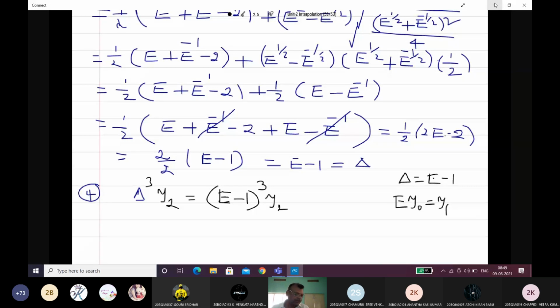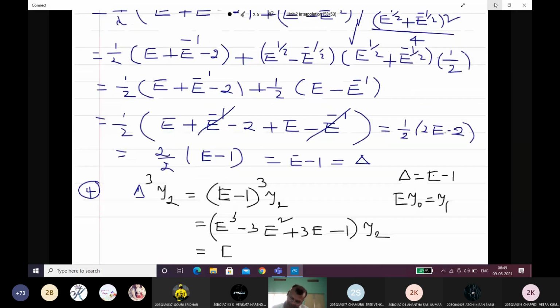That is equal to a minus b whole cubed. A minus b whole cubed is equal to a cubed minus 3a square b plus 3ab square minus b cubed. So e minus 1 whole cubed of y2 is equal to e cubed y2 minus 3e square y2 plus 3e y2 minus y2.